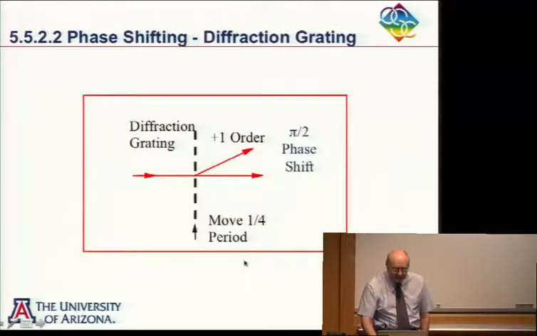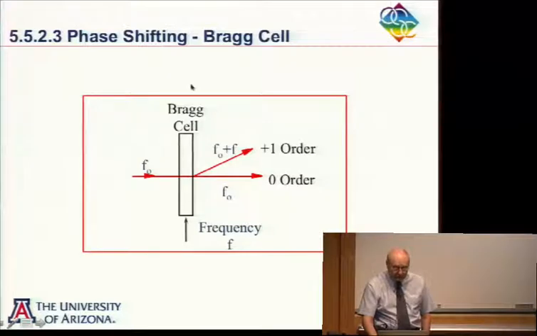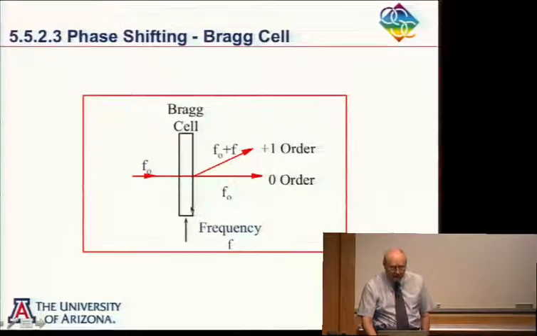Just like if I were to move this sideways at a constant rate, and let's say I moved it at 10 grating periods per second, then we would have frequency shifted this by 10 hertz. And we would have frequency shifted to -1 order by -10 hertz. And so we have the same thing here. We have a traveling wave going across here. And so the first order is being frequency shifted by whatever frequency I'm driving this at.